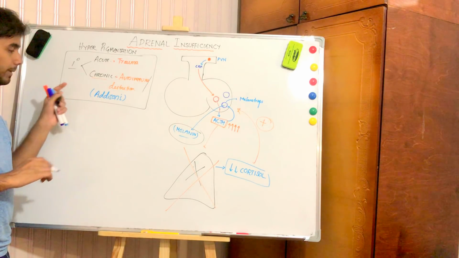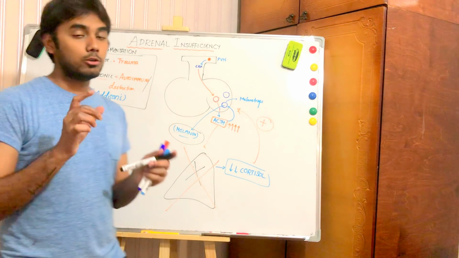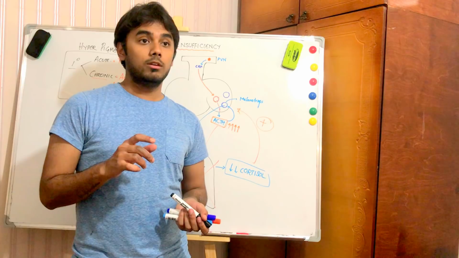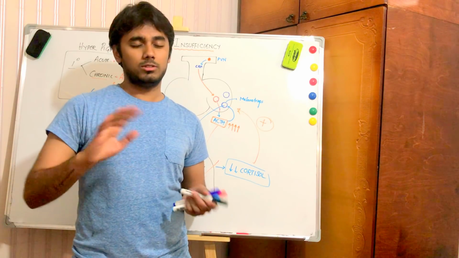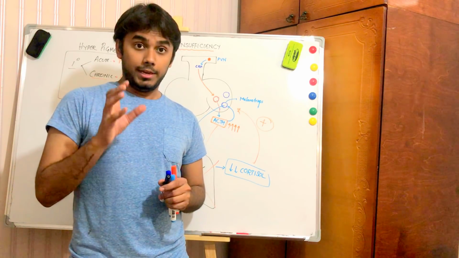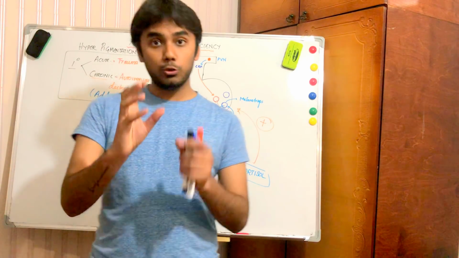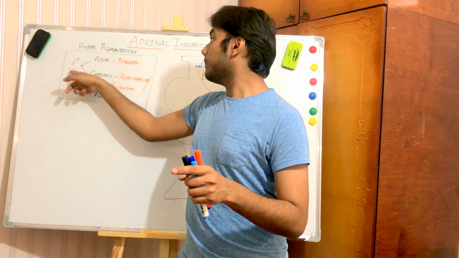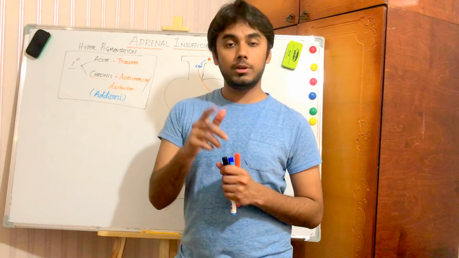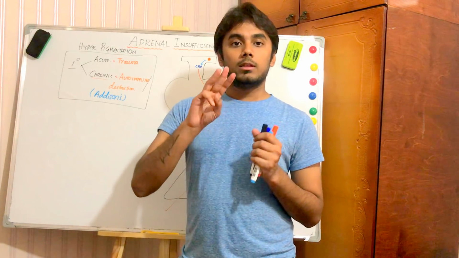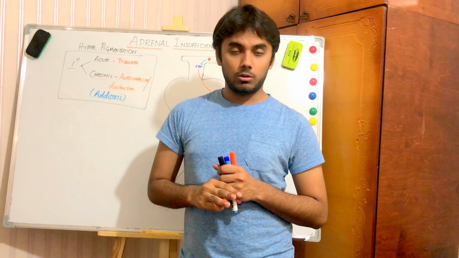Look, in primary adrenal insufficiency there is a syndrome called Waterhouse-Friderichsen syndrome, or simply Waterhouse syndrome. Waterhouse syndrome is an acute primary adrenal insufficiency. There are three things that are happening in Waterhouse syndrome.